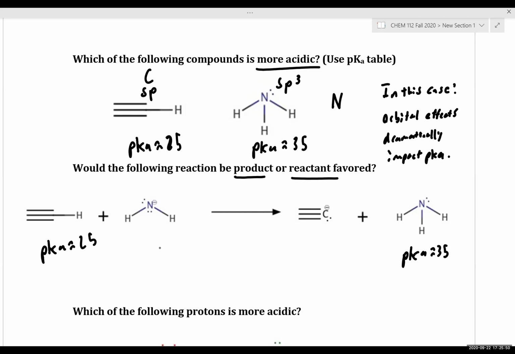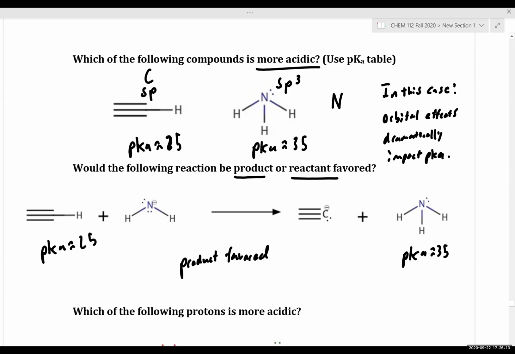So we have our pKa values. So we see that ammonia is less acidic than our alkyne. So we'd expect this reaction to be product favored. Does this make sense to everyone?